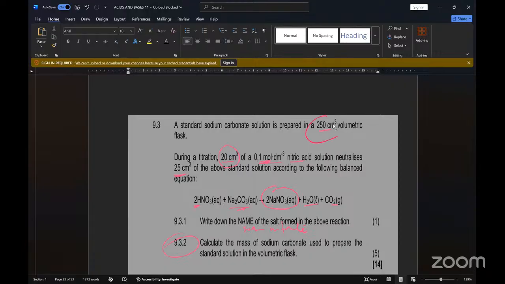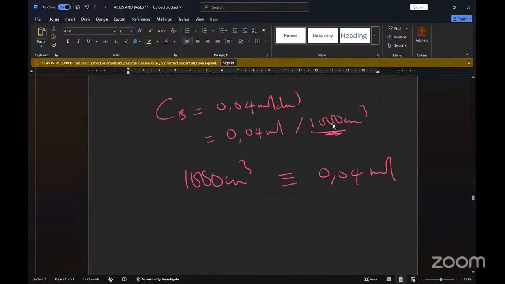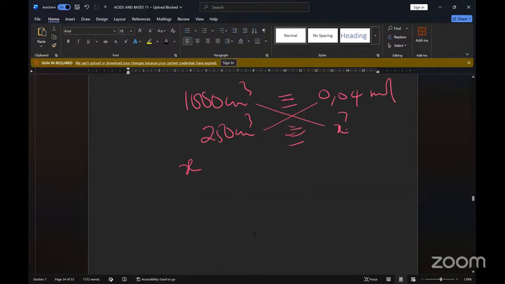This 250 centimeters cube would give you what? This is called proportion. Like we said, we cross multiply. This is x, so we have x times 1,000, so 1,000 x must be equal to 250 times 0.04.